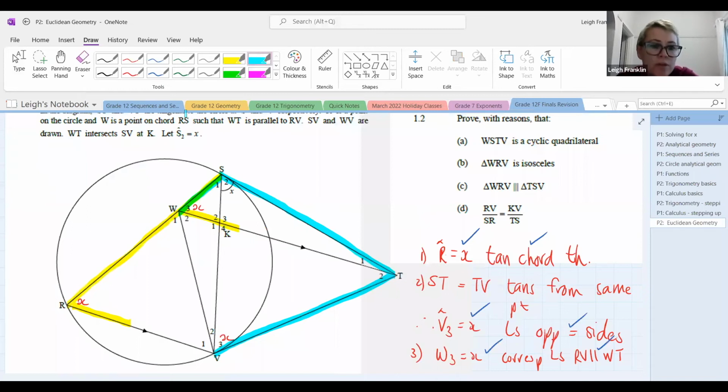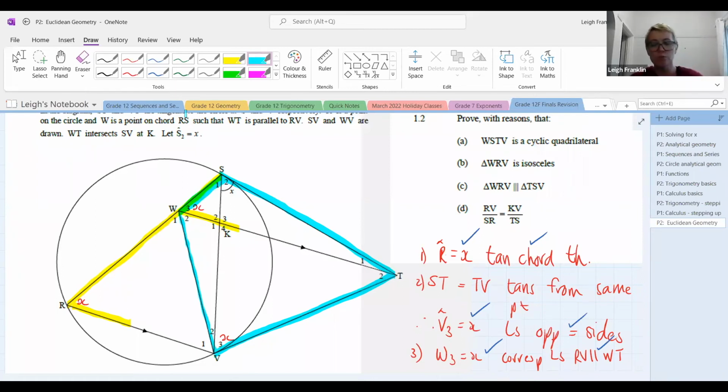Remember, geometry is a story. We use what we have. So we know that when there is a bow tie inside a cyclic quad, we can prove the quad is cyclic using converse angles in the same segment.